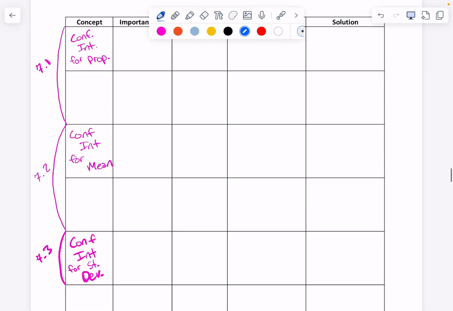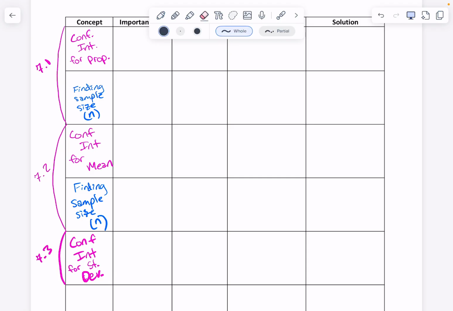Yep. Because these ones down here are going to be finding sample size, which is n, and finding sample size. Because how do you find a sample size when they give you the standard deviation stuff? Great question. Use the table. Remember that? There's no formula for it. It's using the table. For standard deviation, you betcha.